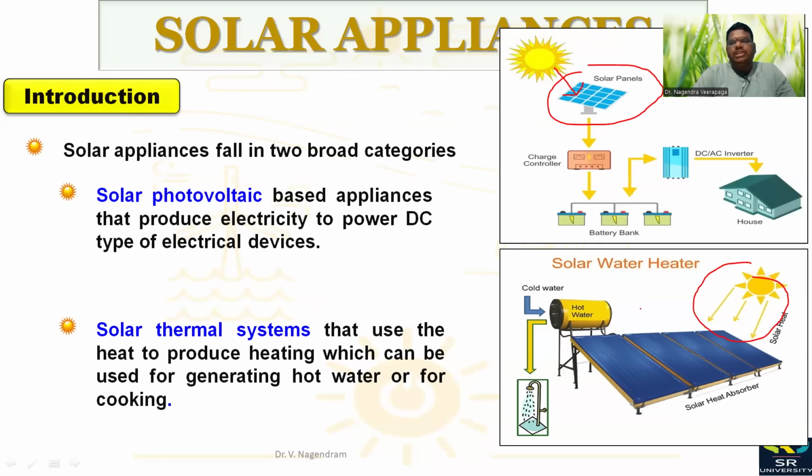We collect the heat energy, and that is transferred to a fluid, either water or air. Those systems we call solar thermal systems. These are the two major applications that we can divide into. Any application of solar energy will fall into these two categories only.